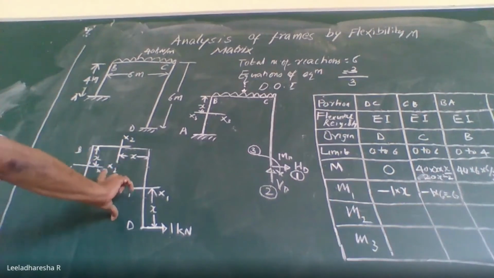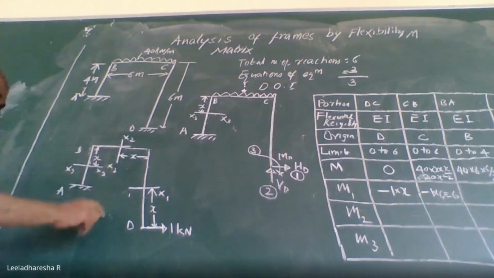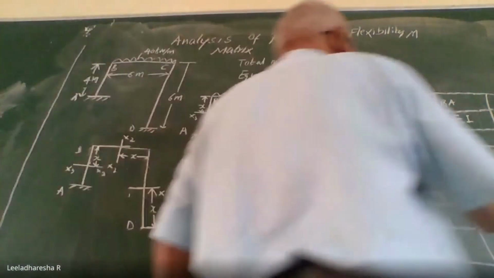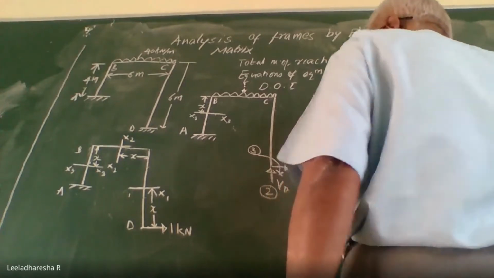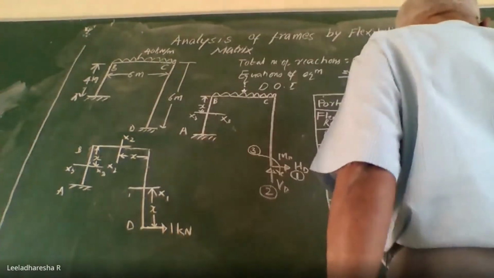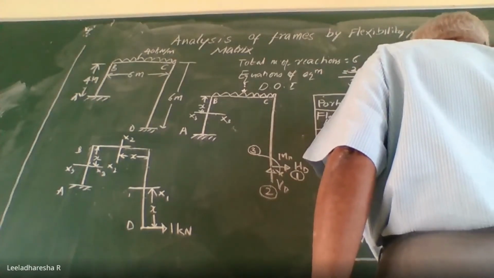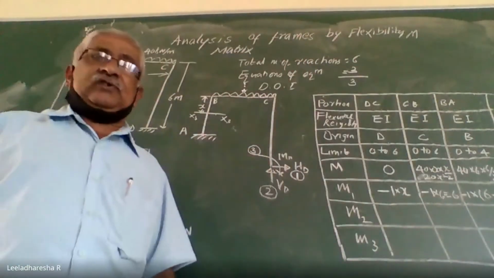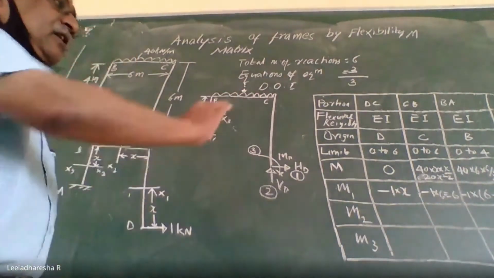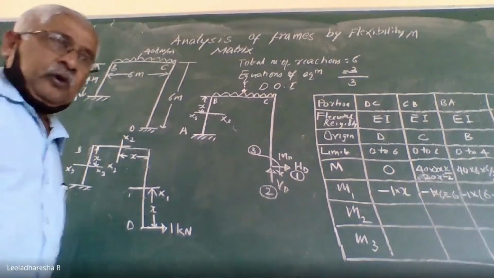The total distance from here to here is 6, so this distance is 6 minus x. So the bending moment will be minus 1 into 6 minus x, because again it gives a bending moment like this, or it is simply minus 6 plus x. Right, so these are the bending moments due to unit load at coordinate number 1.